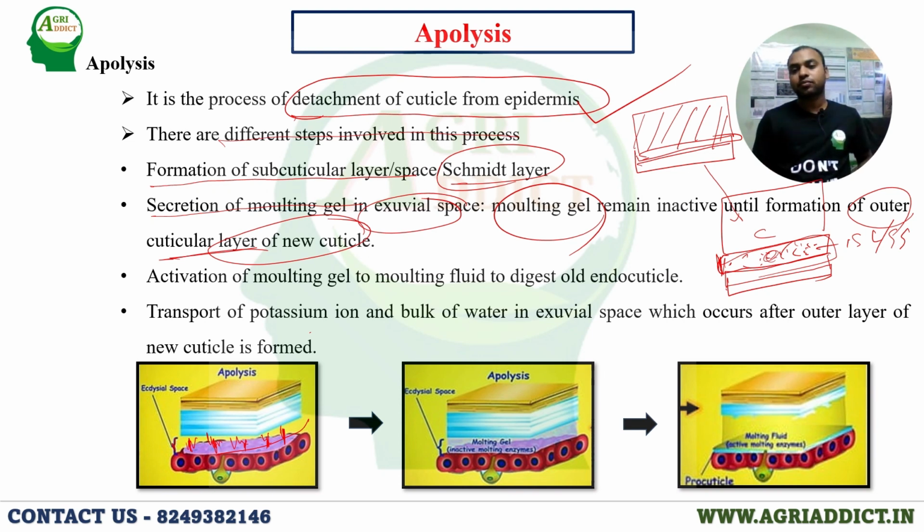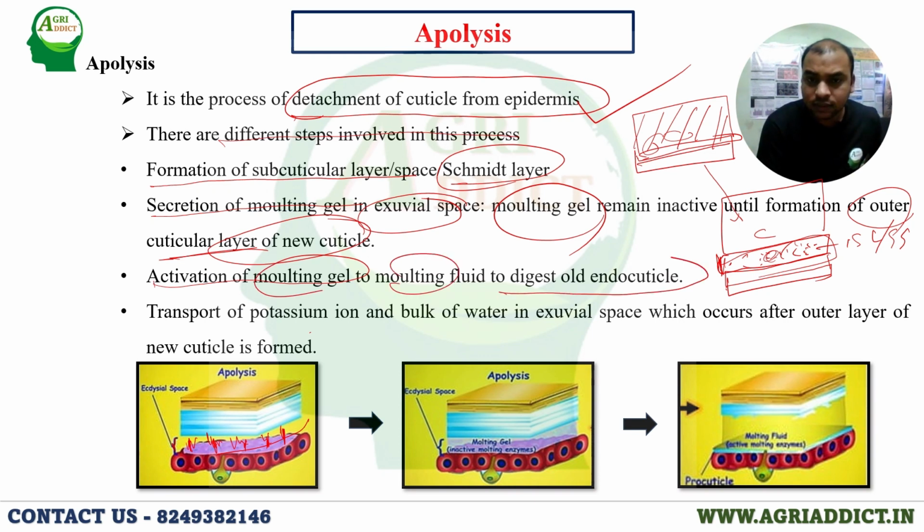That means what will happen? This is the old cuticle. So before the formation of the new cuticle, this molting gel remains inactive, and only after the formation of the new cuticle does this molting gel become active and start its function. The molting gel is activated into molting fluid to digest the old endocuticle.